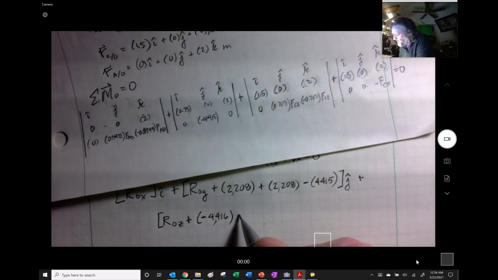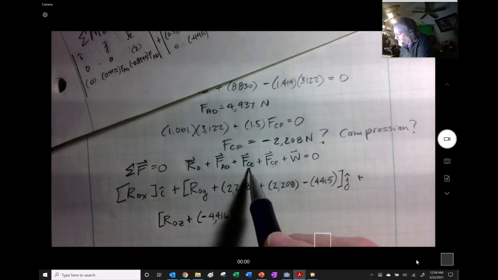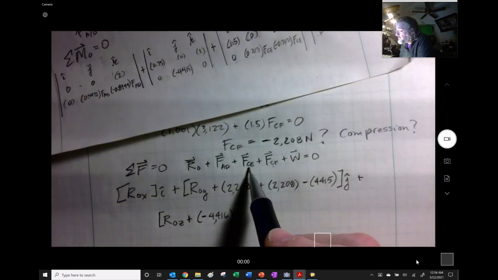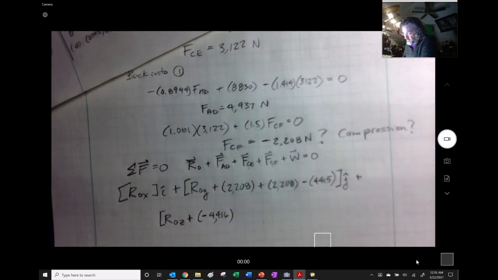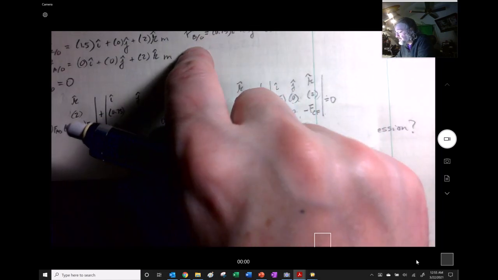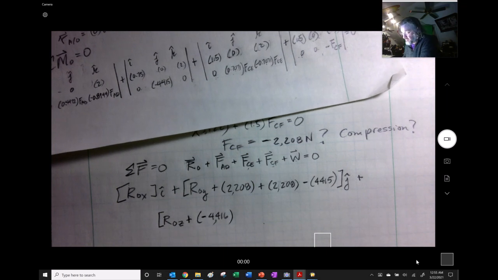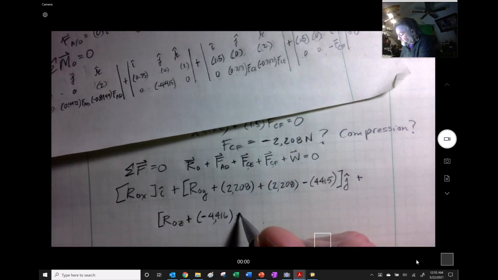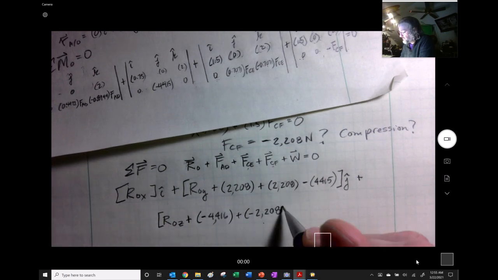All right, and then we do CE. CE is 3122, and it's a negative. That's the 0.7071 times, and once again, negative 2208, right?